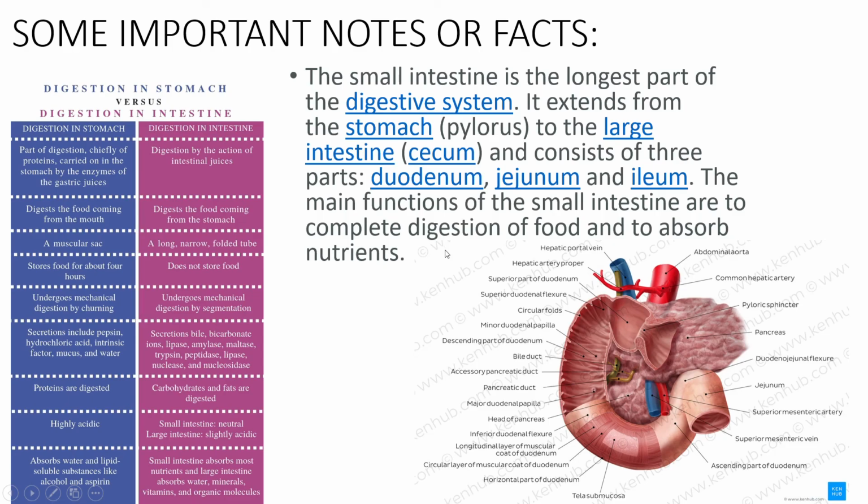Okay, now in the next part we have some important notes or facts related to the digestive system. The diagram is also related to the whole digestive system, and there is a differentiation between digestion in the stomach and digestion in the intestine. So you can refer to this information while making your notes.